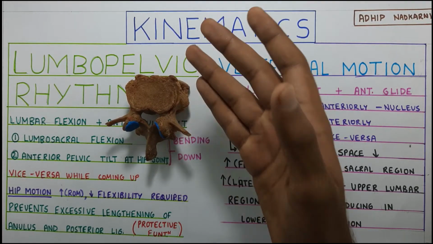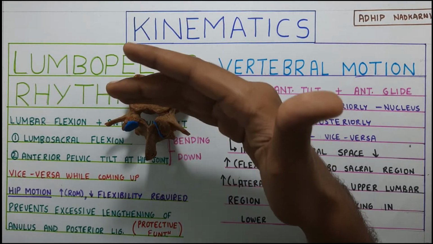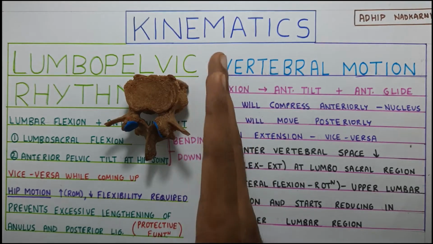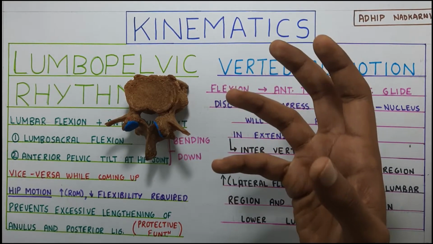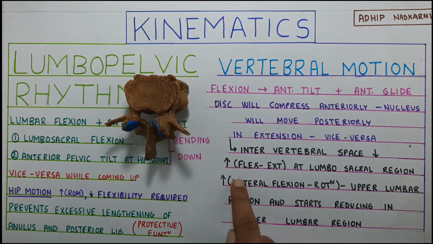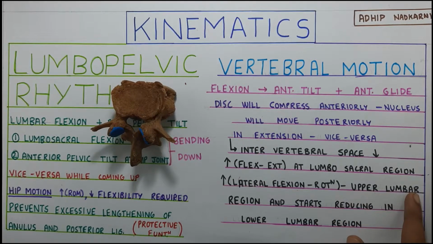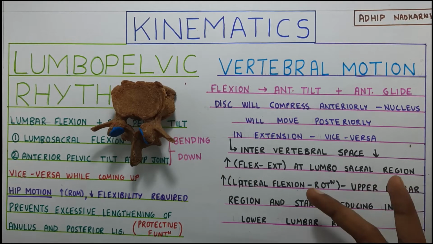Over here in lumbar, the upper lumbar will be more similar to the thoracic, and as you keep going down, it will be a proper lumbar where flexion extension will be more. So it will be exactly opposite to what we saw in the thoracic. There will be a high lateral flexion and rotation component in the upper lumbar region. That is very important. And as you keep going downward, the flexion extension will increase in the lumbosacral region, right?